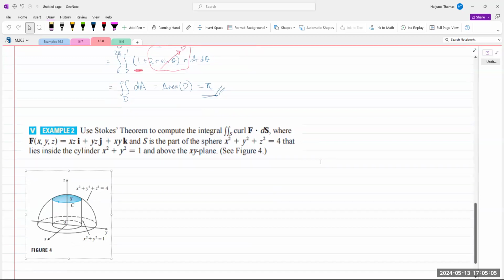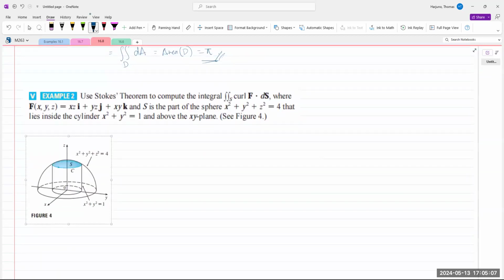Now notice that what we are about to compute is the double integral over S of curl of F dot dS.